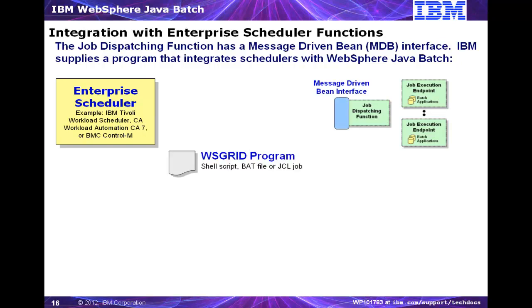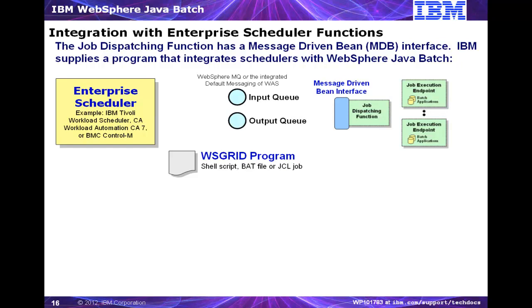Earlier we mentioned how the job dispatching function has several interfaces. Well, one of those interfaces is a message-driven bean interface, and that's where the integration story begins. The integration between the enterprise scheduler and the WebSphere Java Batch dispatcher is through this MDB interface and a supplied program called WS-Grid, which can be invoked as a shell script, a bat file, or using JCL on z/OS.